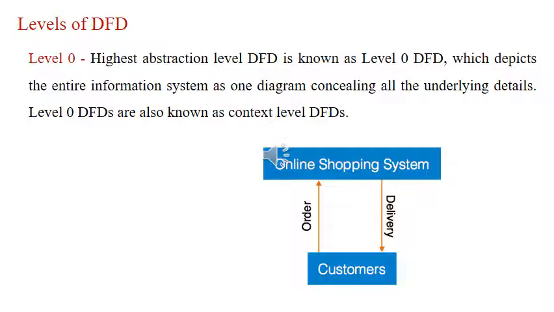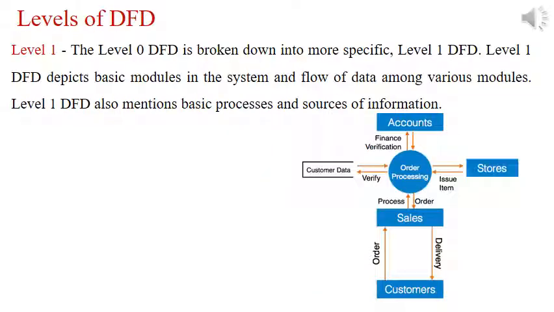This is the easiest level of DFD to make or to design. So next is level 1 DFD. The level 0 DFD is broken down into more specific, which means level 1 DFD. Level 1 DFD depicts modules in the system and flow of data among various modules.